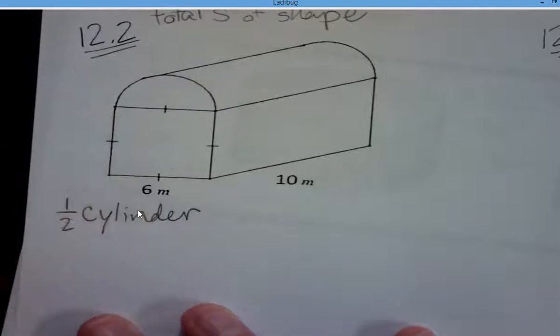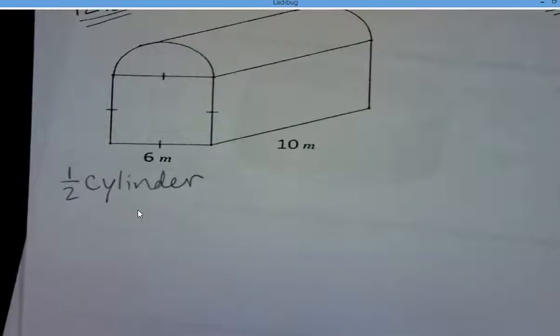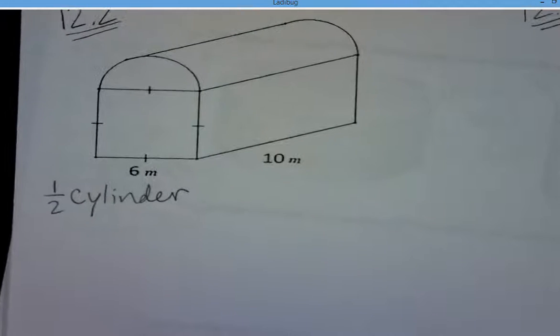For these compound shapes, I would highly suggest that you write down what you're doing because it gets confusing. Half of a cylinder is what the top part is. So we're going to find the entire surface area of the cylinder, and then we'll cut it in half.